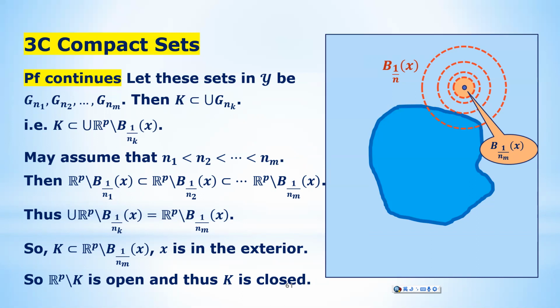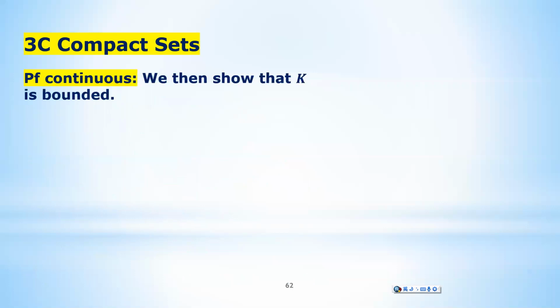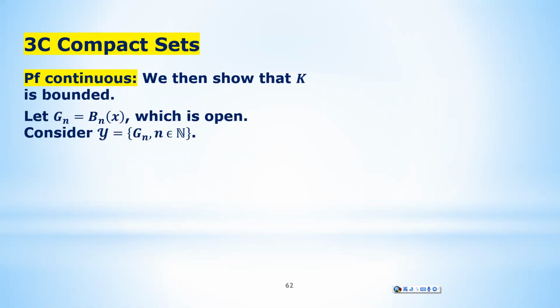Now, with the same idea, we can show that K is bounded. In this case, I'm going to choose a different family of open sets. This time the situation is simpler. I choose Gn to be Bn, the open ball, which is open.